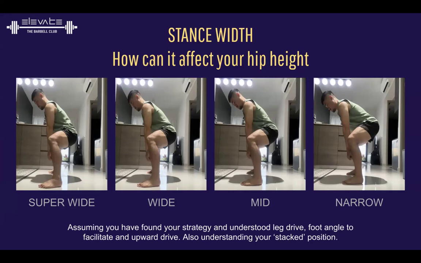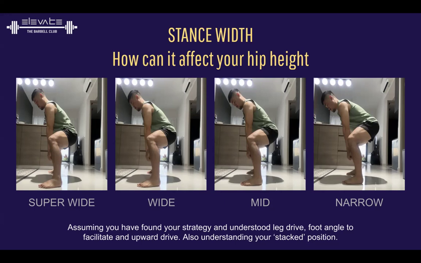For example, the stance. In this context, we want to work with the idea that we have already understood how to create leg drive and also the toe angle. Just moments ago, I was describing that feeling you want to get, the upward force, that upward drive.